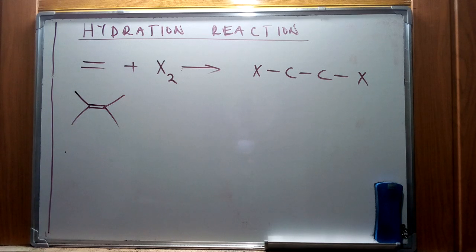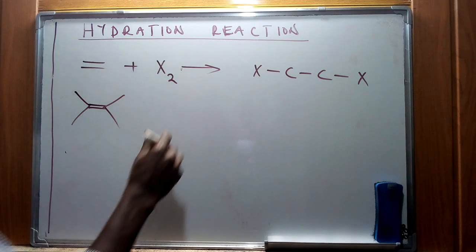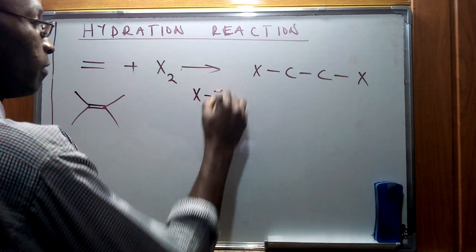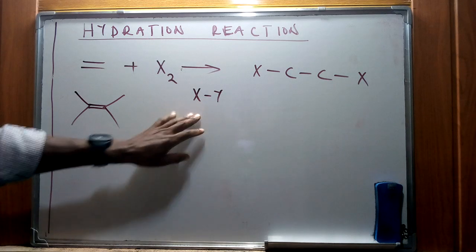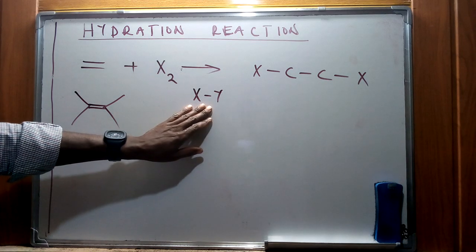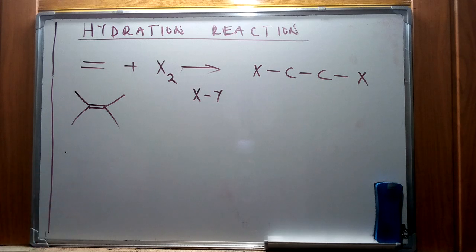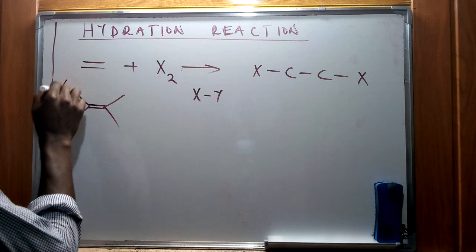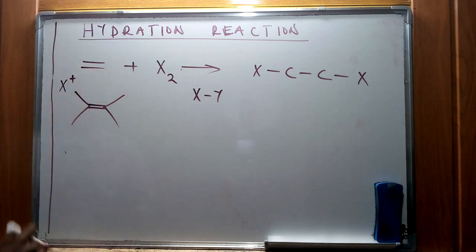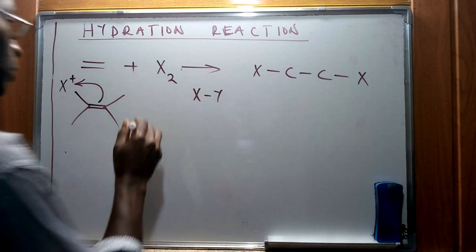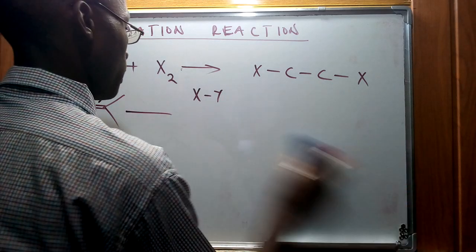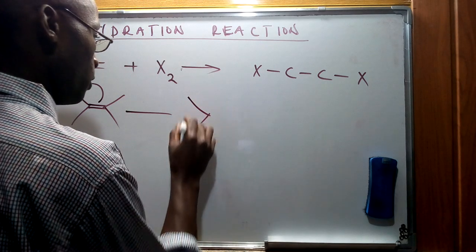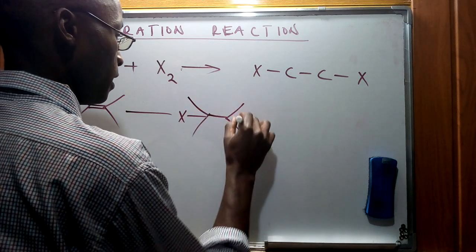Now if we have this molecule react with another molecule of XY, some kind of compound like a protic acid, we're going to have this electrophile being formed, and then this double bond is going to attack this electrophile, and this is going to lead to the formation of a carbocation, which is going to be illustrated as such.